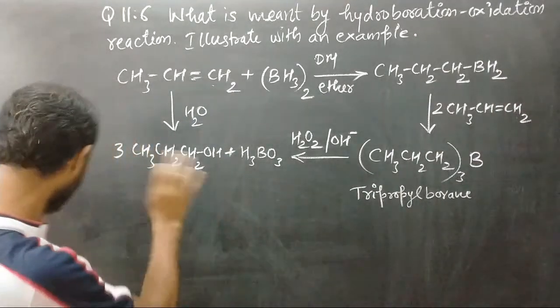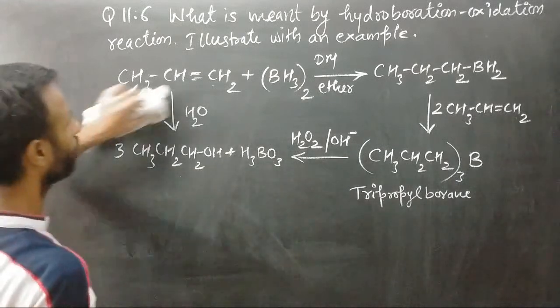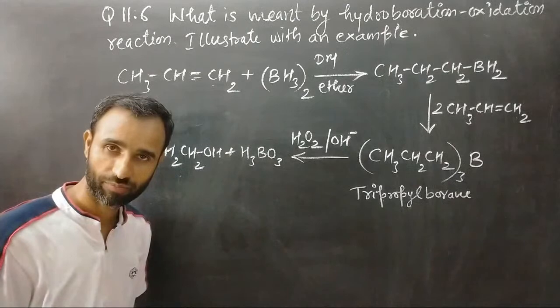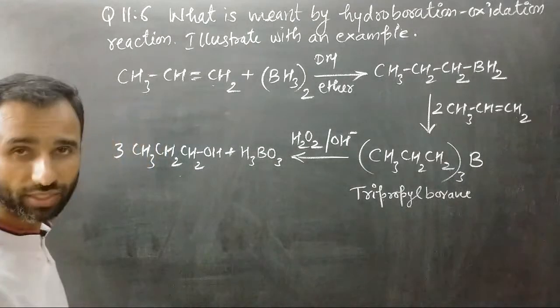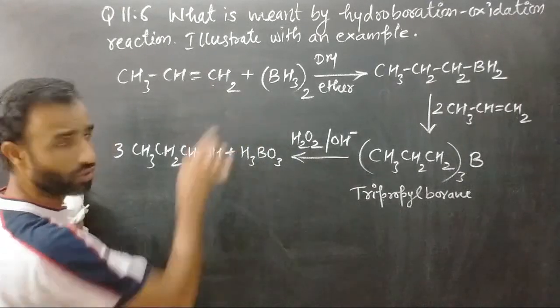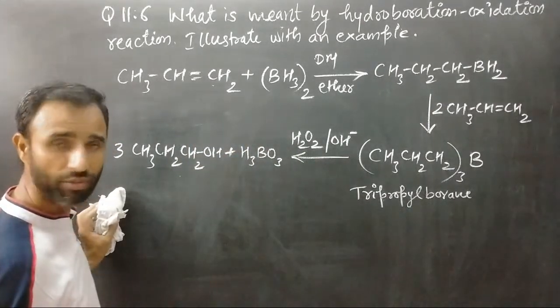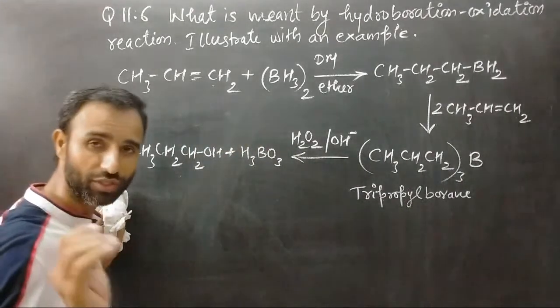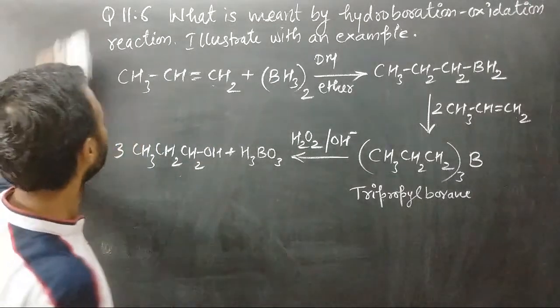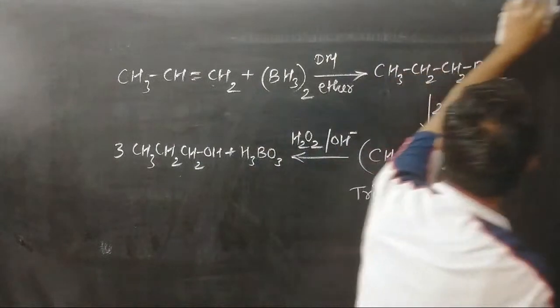So it seems like anti-Markovnikov addition, without rearrangement. There is no rearrangement. Even the mechanism is given, so you can go through the text if you don't know. Okay, so this is question number 11.6.